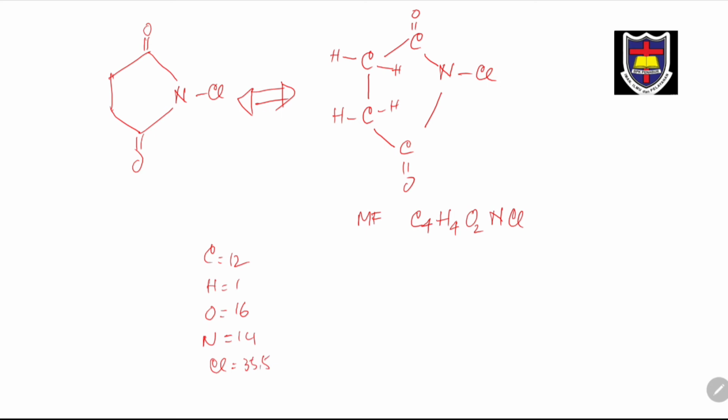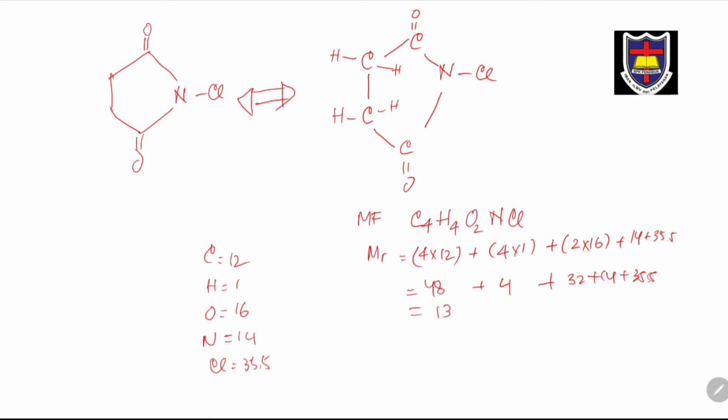Then we calculate the Mr: 4 times 12, 48, plus 4 times 1, plus 2 times 16, plus 14, plus 35.5, that is 133.5.